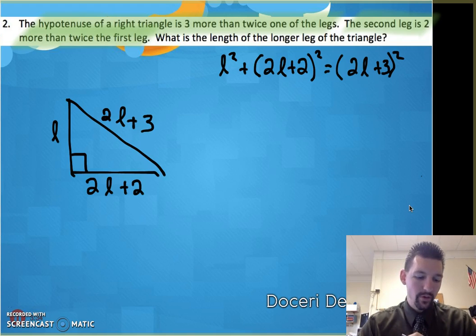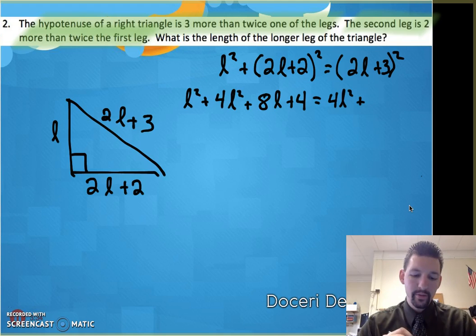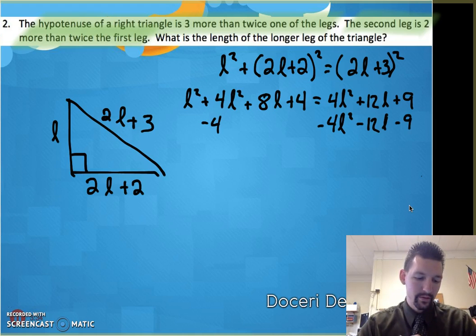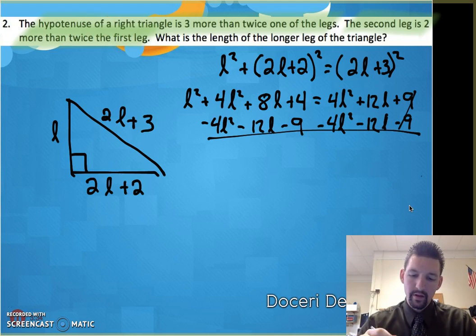Okay, so when you FOIL this out, you'll end up with L squared plus 4L squared plus 8L plus 4 equals 4L squared plus 12L plus 9. If we get everything on one side so that it's equal to 0, we'll end up with L squared minus 4L minus 5 equals 0.